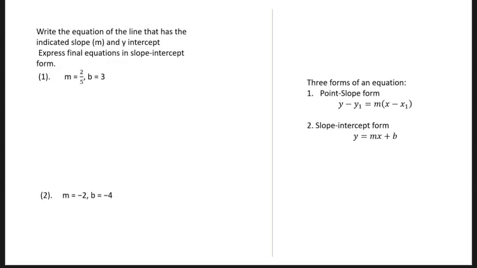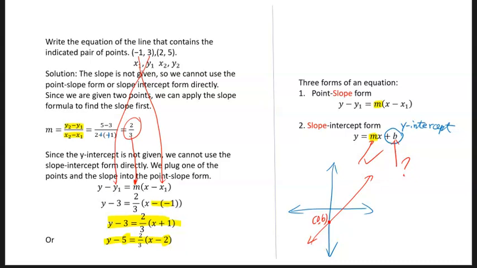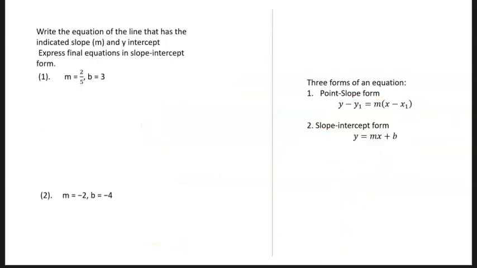Now, let's look at another example. In the previous two examples, I applied the first formula, the point-slope form. Now, when should we use the second formula? In this case, we're given m, the slope, and b, the y-intercept.